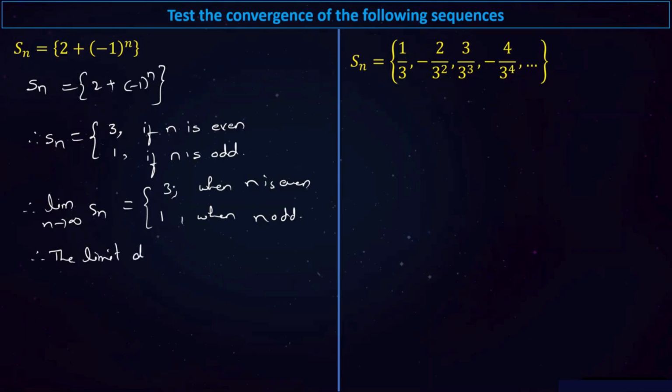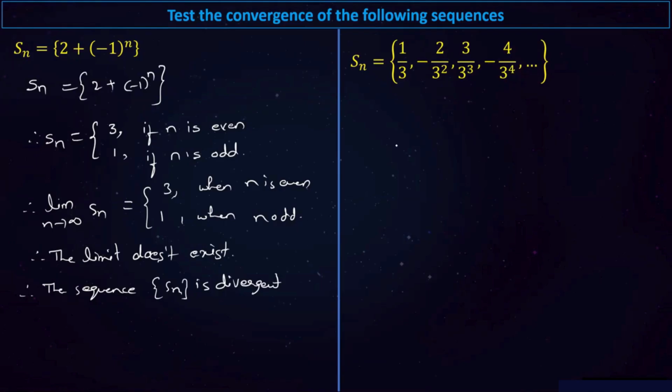Only when it approaches a unique finite value do we say the limit exists. Then only we say the sequence is convergent. But here, since the sequence is approaching two different values, we can say the limit doesn't exist and hence the sequence Sn is divergent.